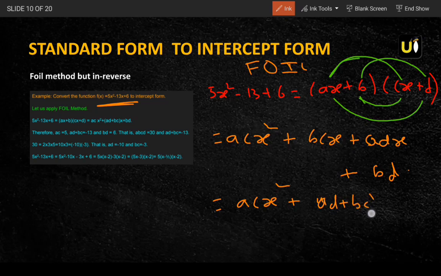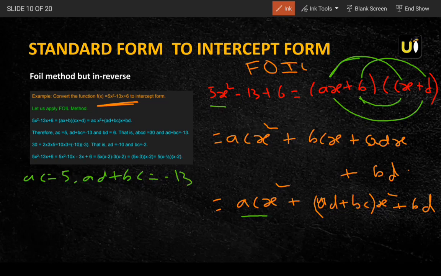That means it can be written as minus 10 into minus 3. So this ac and bd can also be written as ad into bc, right? We are rearranging it. So now on comparing these two, ad can be minus 10 and bc can be minus 3. So this is one of the method to solve.